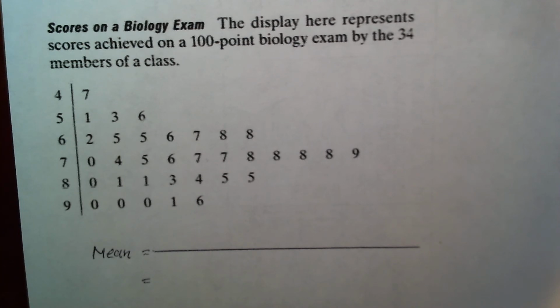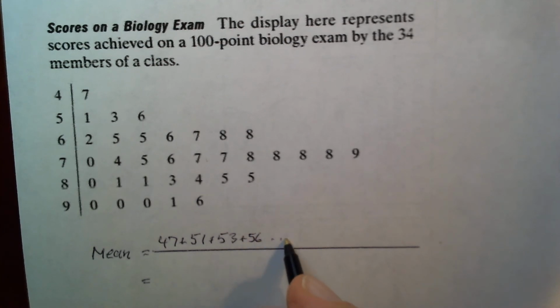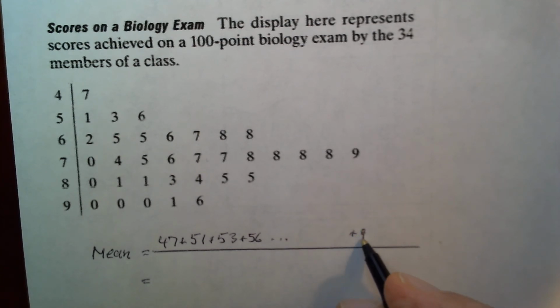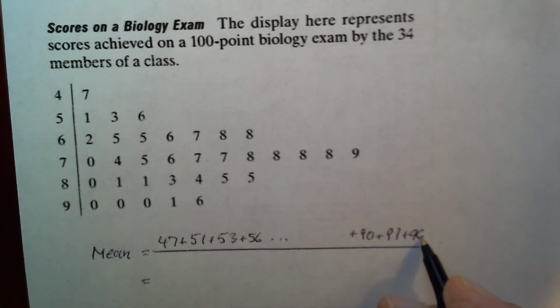So in other words, we add 47 plus 51 plus 53 plus 56 and all the other numbers in between, and then towards the end we have 90 and 91 and 96, and we divide by n, the total number, and there was 34.